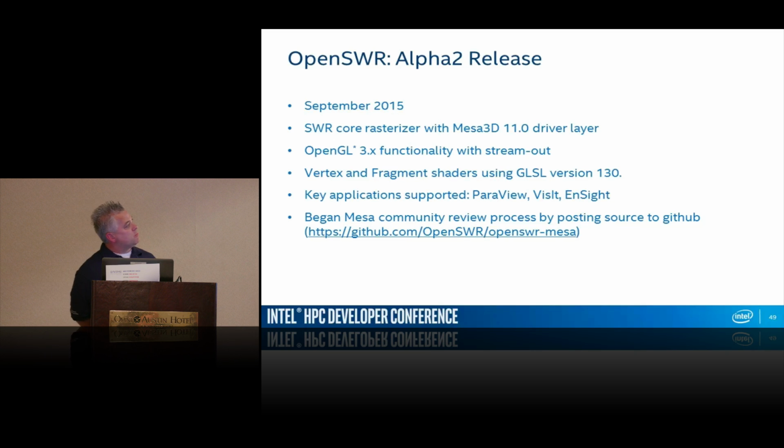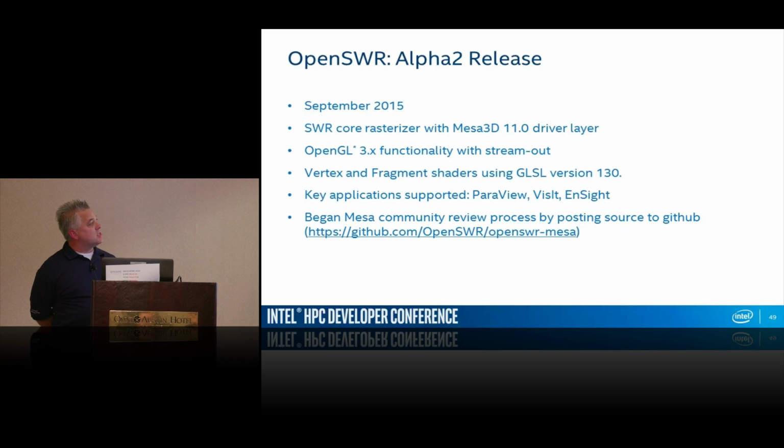It then provides us with OpenGL 3 level functionality. So in the course of about 9 months, we jumped up from 1.4 level functionality all the way up to 3.1, 3.2 level functionality. With that, we are able to expose vertex and fragment shader support and a GLSL language level of 130, which is equivalent to OpenGL 3. We are working on progressing that even further, but that is where we are right now.